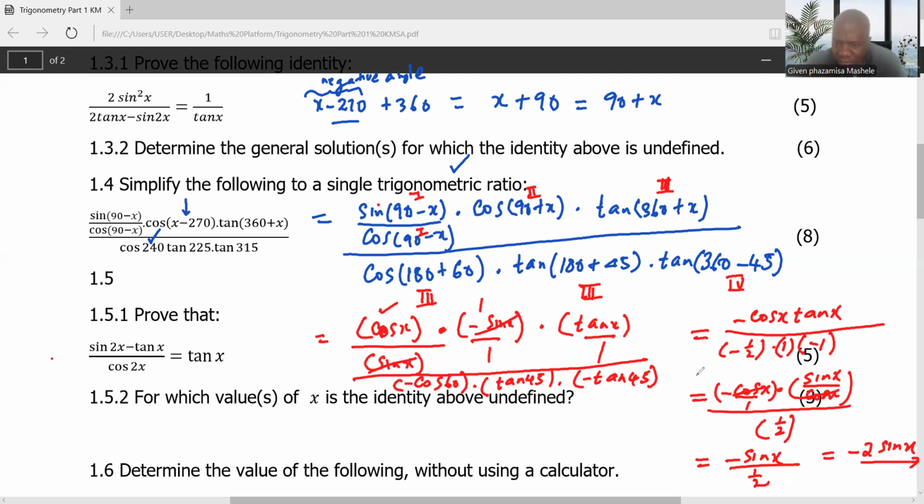I believe you understand how I changed this to this. Because this is minus sine x divided by half, which is the same as minus sine x over 1 multiplied by 2 over 1. So the answer would be that. I believe you are following, guys.